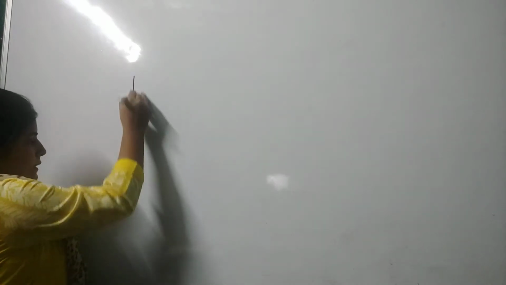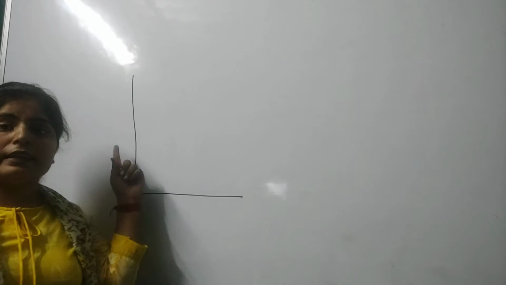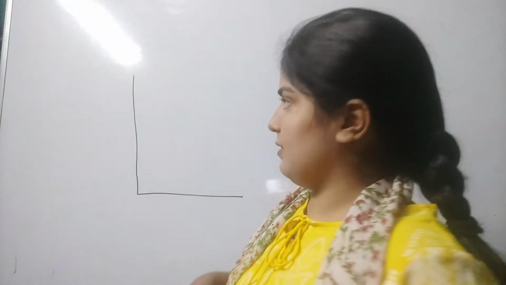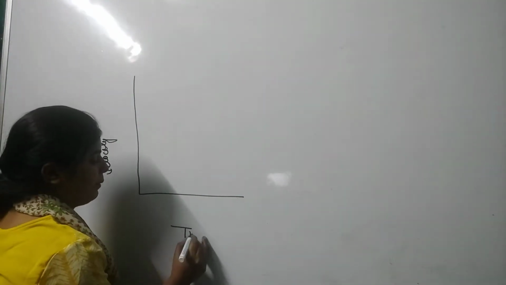Whenever we are drawing the velocity-time graph, we represent the velocity along the y-axis and the time along the x-axis.